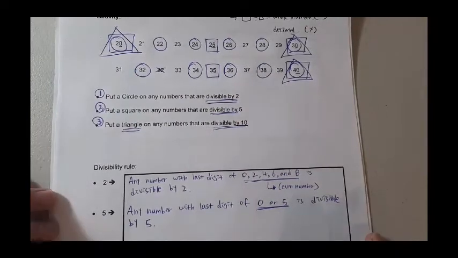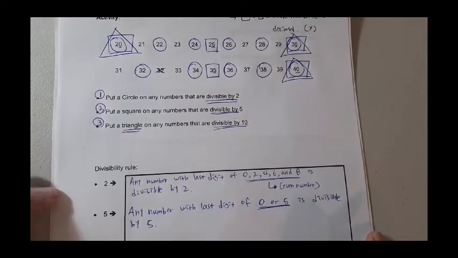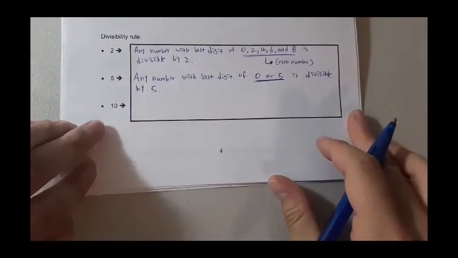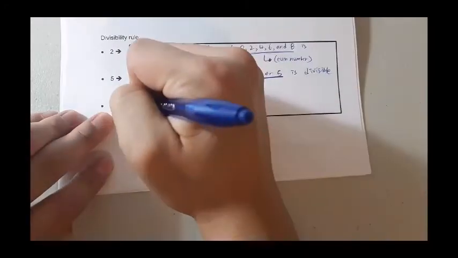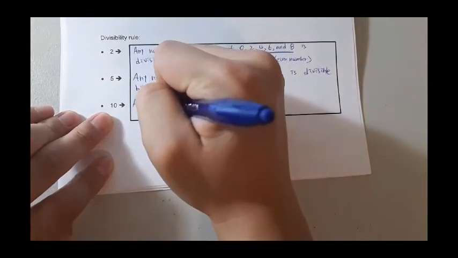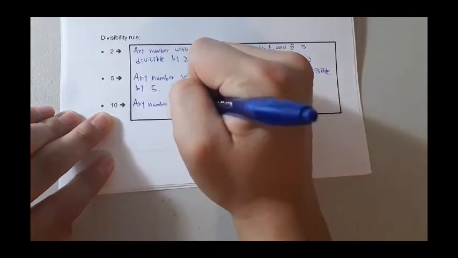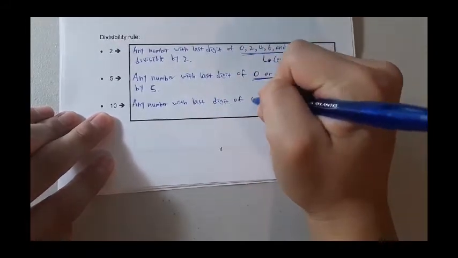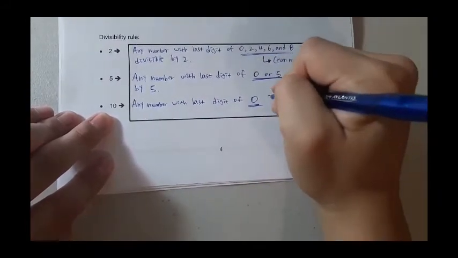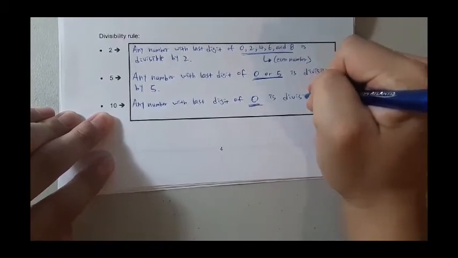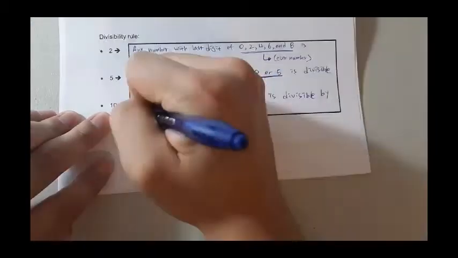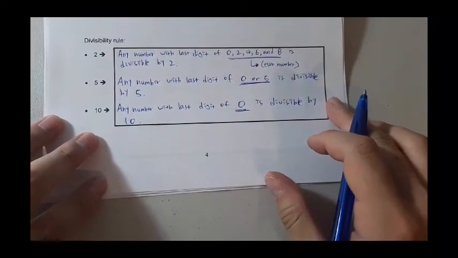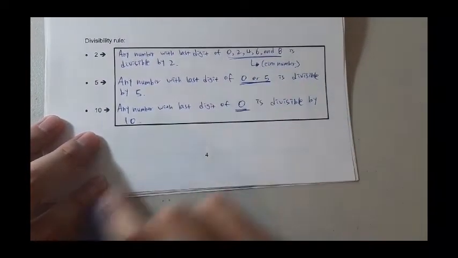Some of you may already know the rule at this point. Any number that is divisible by 10, basically, if you have any number that ends with 0, is always divisible by 10.